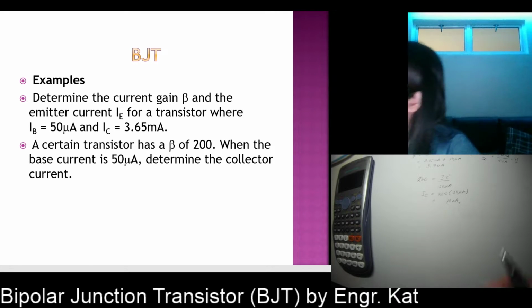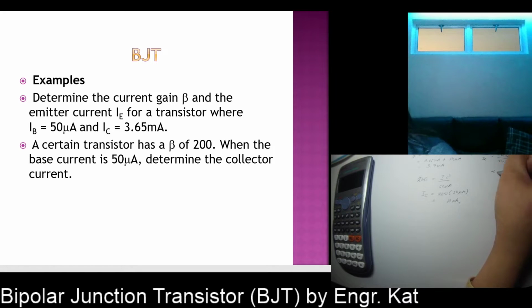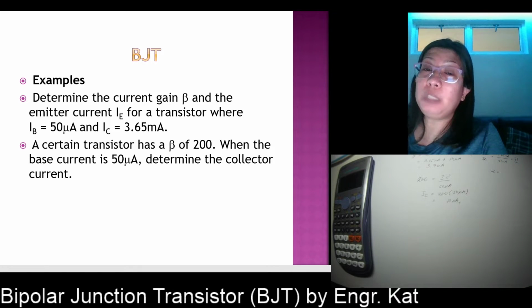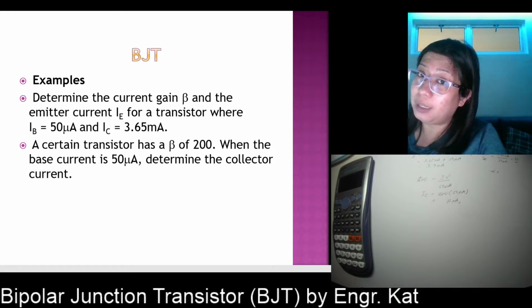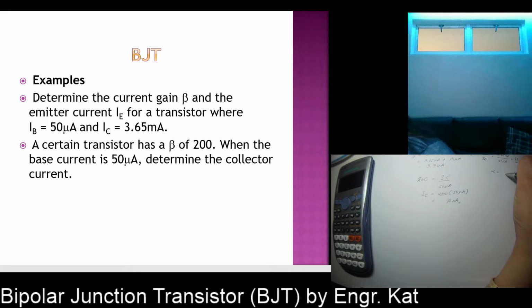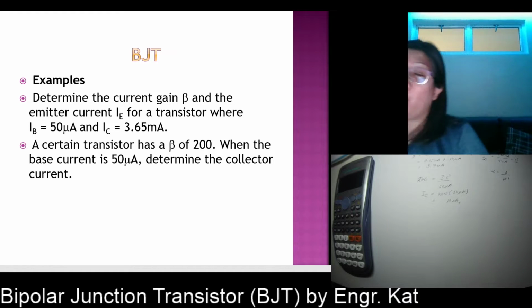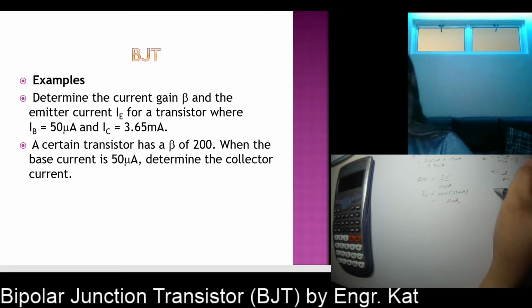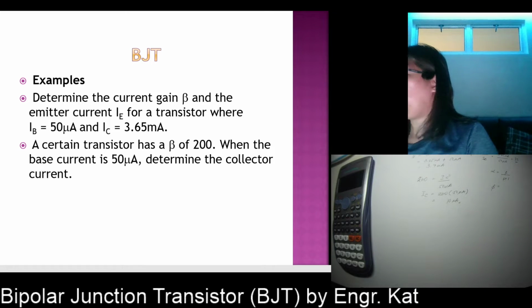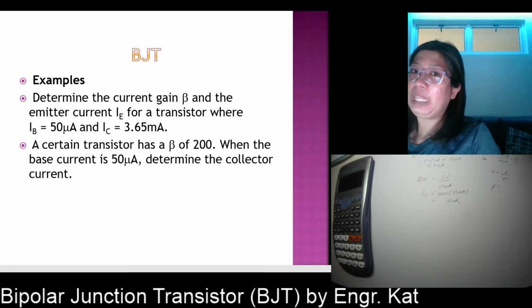Yes. If you are given beta and you wanted to solve for alpha, beta is a whole number greater than 1, so we wanted it to be a number lesser than 1. So alpha is given by beta over beta plus 1. This value will always give you a value lesser than 1. But if we wanted to solve for beta and we are given alpha instead, we need a value that is greater than 1.